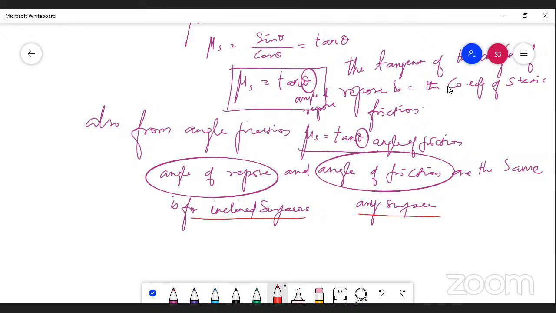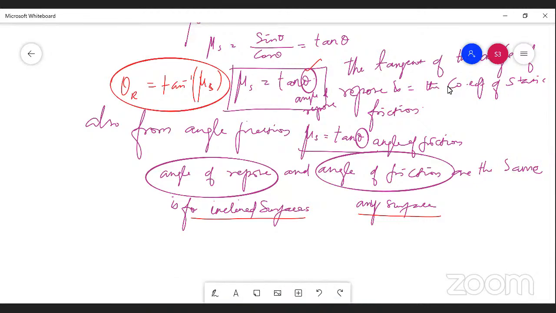I can mark theta suffix r as the angle of repose, which is equal to tan inverse of mu s. So if I know the coefficient of static friction, I can easily calculate the angle of repose, which explains when an object will begin to slide down an inclined surface.